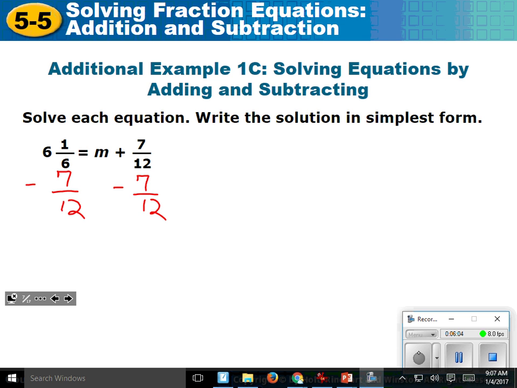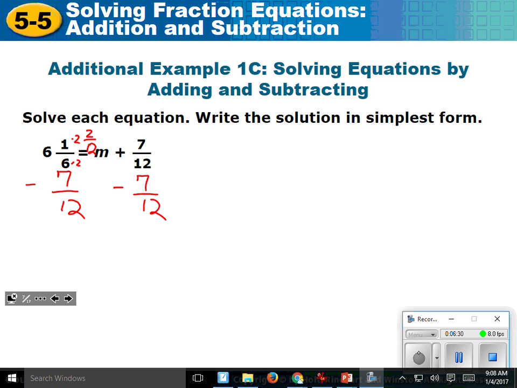Okay? You see, Mason, how I'm going from top to bottom to help me keep organized, how I'm going to do the subtraction. Now, my problem is 6 and 1/6 minus 7/12. I've got to multiply this by 2 times 2 here to come up with 2/12. So now I've got 6 and 2/12 minus 7/12.